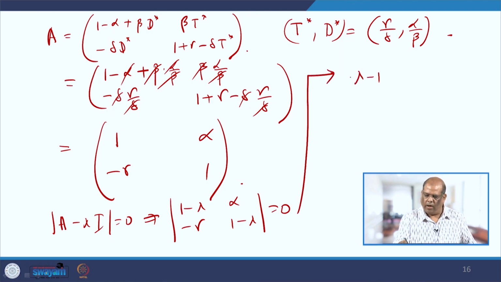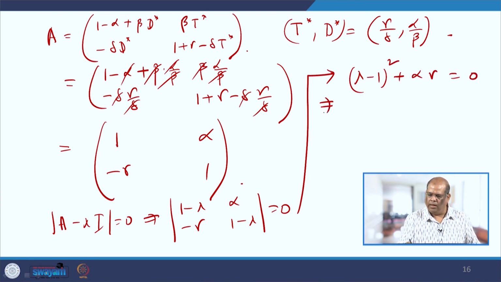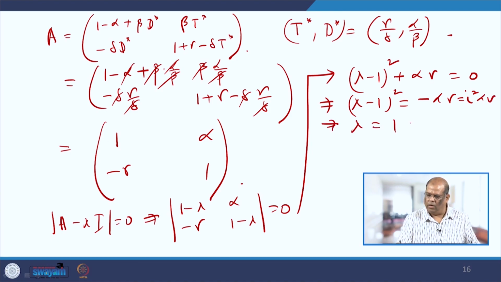This will be lambda minus 1 whole square plus alpha gamma equal to 0. And this gives lambda minus 1 whole square is equal to minus alpha gamma, write as iota alpha gamma, and this gives lambda equal to 1 plus minus i square root of alpha gamma.